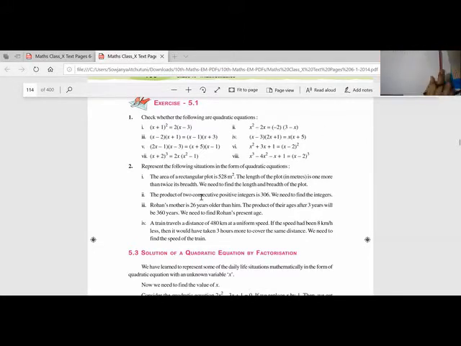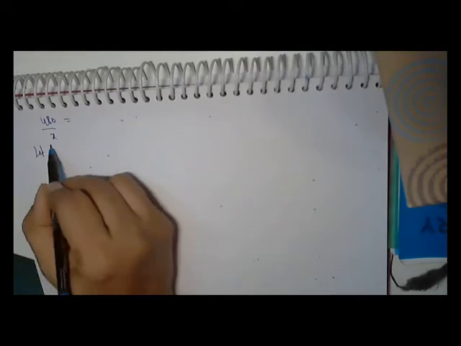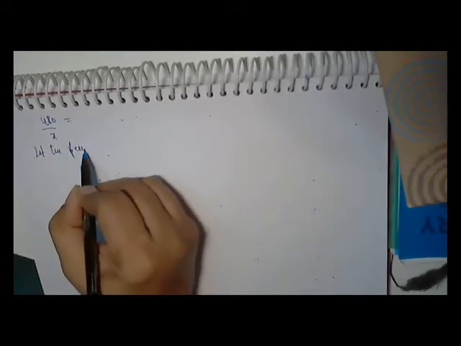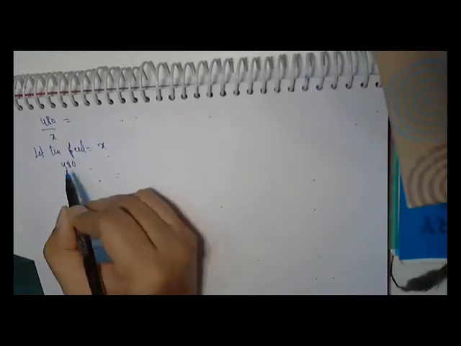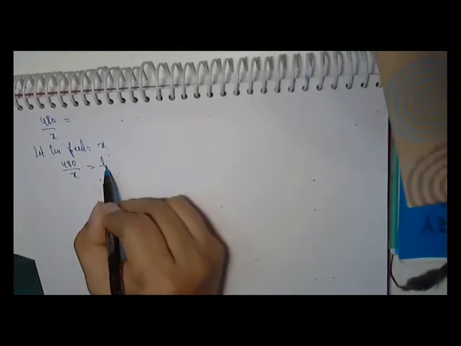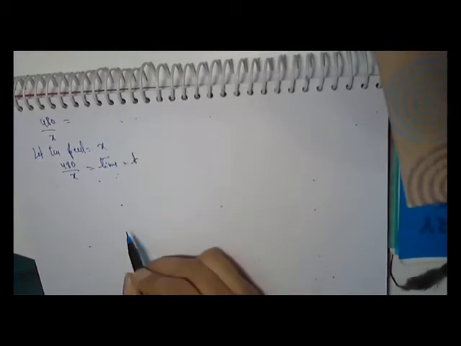Let us write. A train travels a distance of 480 kilometers in some time. And if it travels 8 kilometers per hour less, it will take 3 hours more. So let the speed be x. Distance by speed is time, so let the time be t.